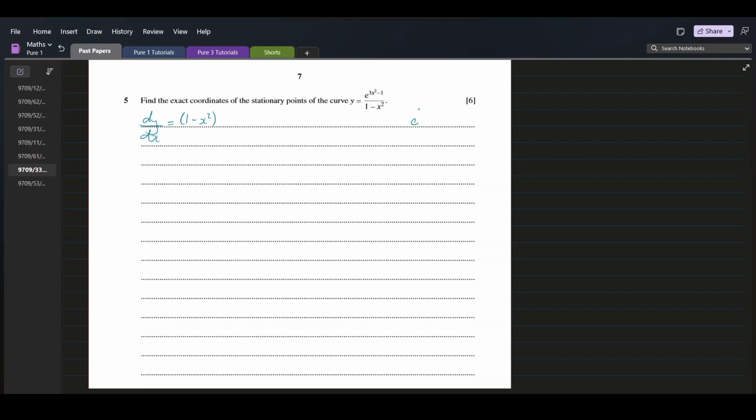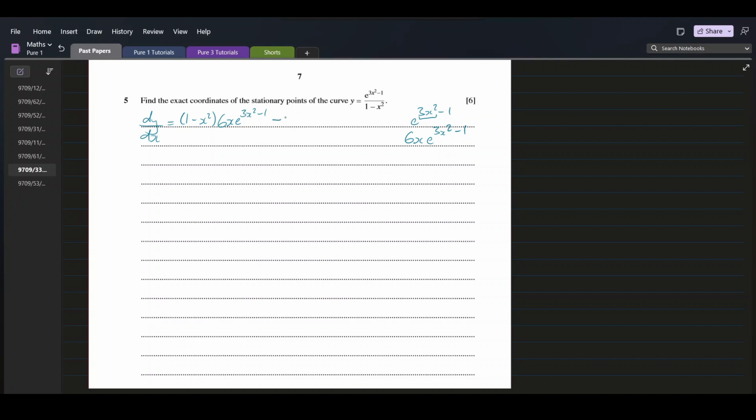So if you differentiate e to the power 3x squared minus 1, we have to differentiate this part and bring it down. So that would be 6x, and that's e to the power 3x squared minus 1. So this becomes times 6x e to the power 3x squared minus 1.